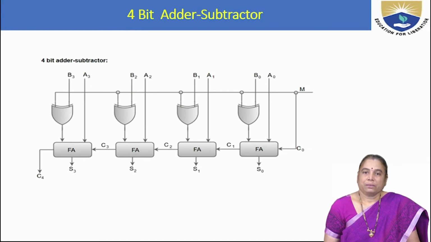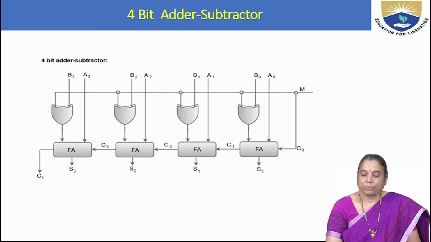The previous circuit that we discussed is used to perform binary addition. But this circuit can be used for both addition as well as subtraction. This single circuit can serve the two purposes, binary addition as well as subtraction.